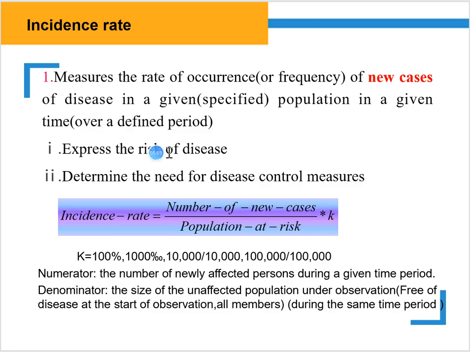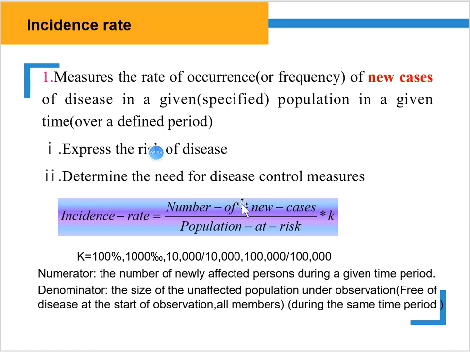First, incidence rate measures the rate of occurrence or frequency of new cases of disease in a given population in a given time. It can be used to express the risk of disease and determine the need for disease control measures in population.